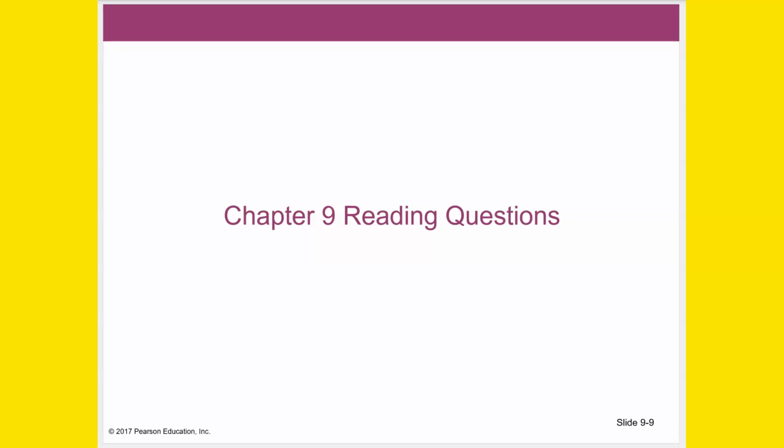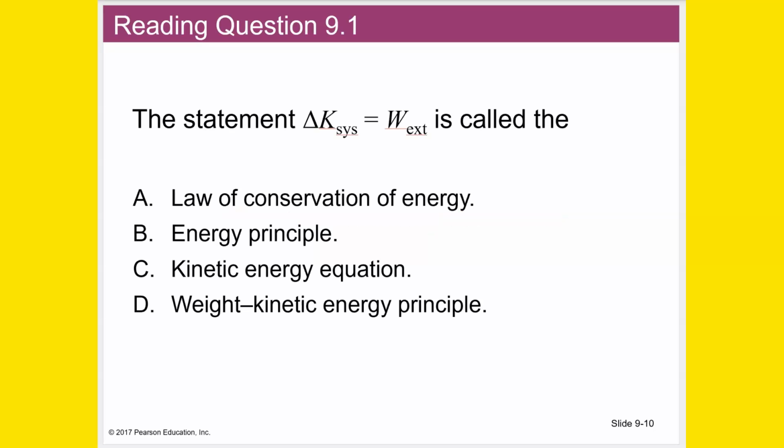All right, let's see if we can answer the reading questions, even though we might not have read. Maybe the intro helps us answer these. The statement delta K for the system equals the external work is called the what? So remember we just looked at something in the intro that said delta E equals external work. K is a certain kind of E. It's kinetic energy.